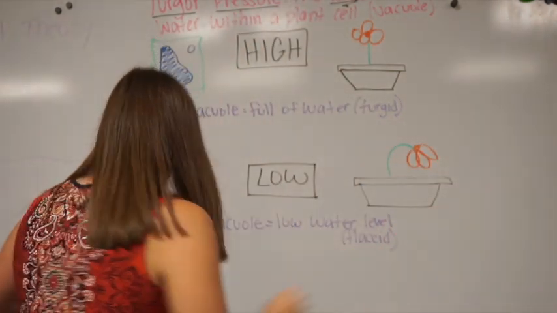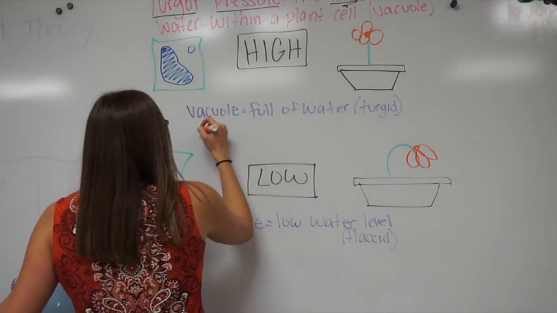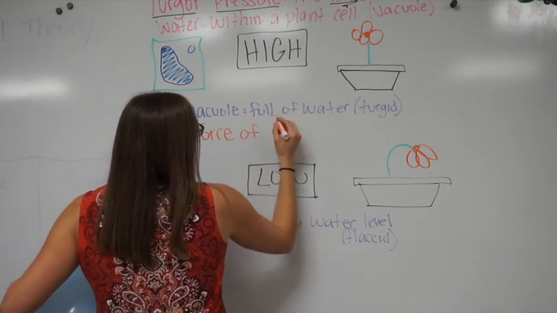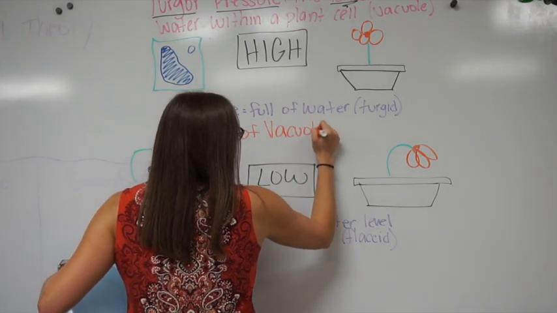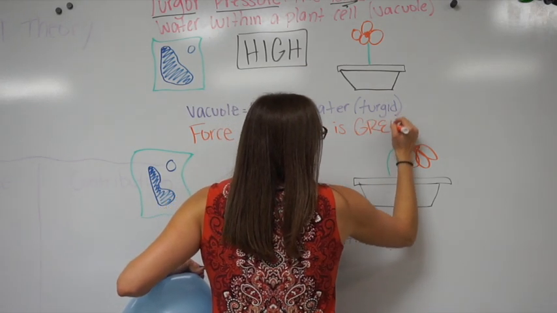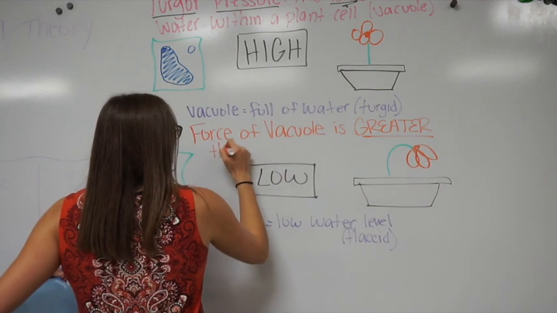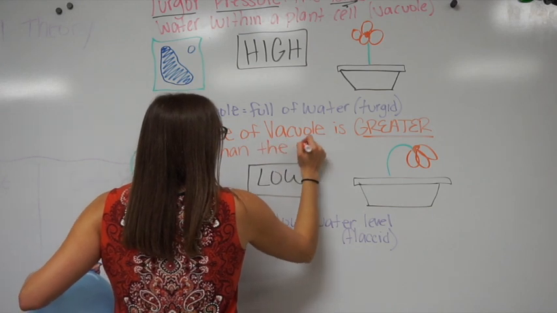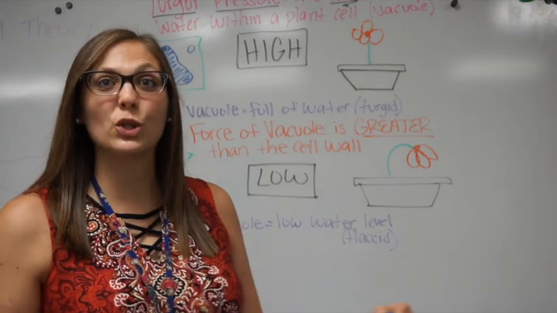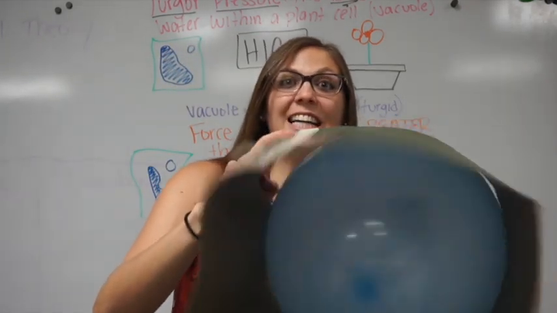So on our notes, for high turgor pressure, you are going to add that force of vacuole is greater than the cell wall. The force of vacuole is greater than the cell wall because my vacuole was pushing against the cell wall.